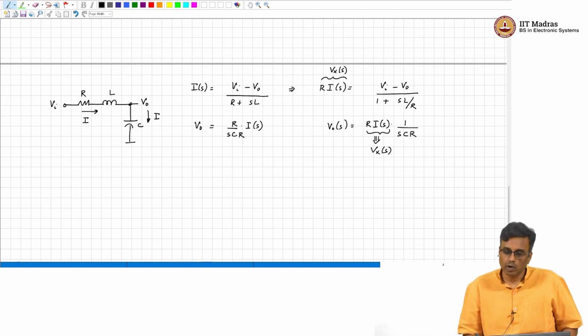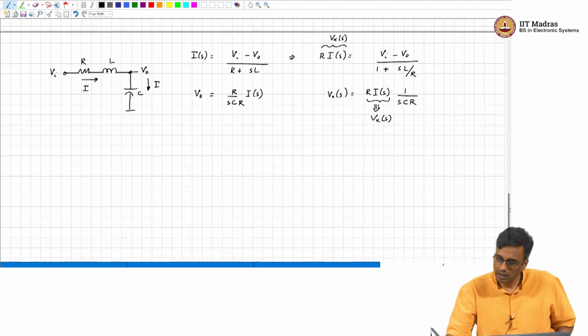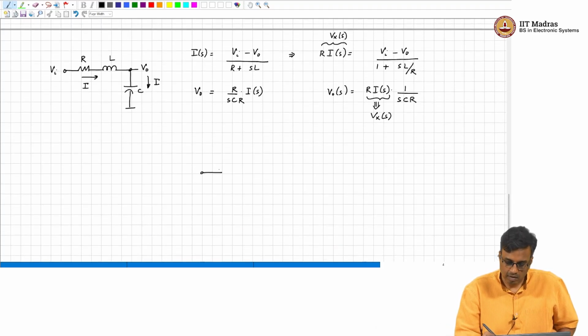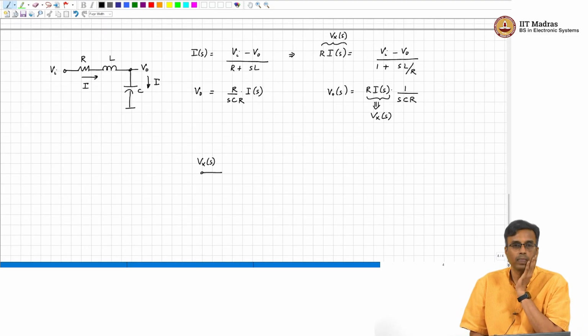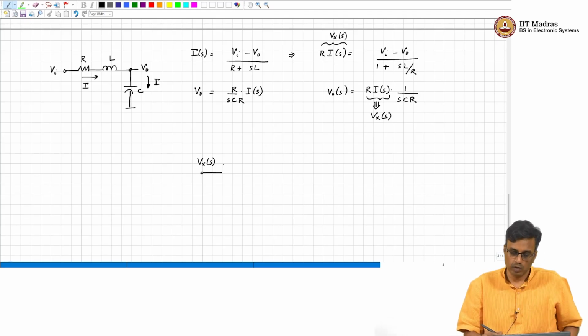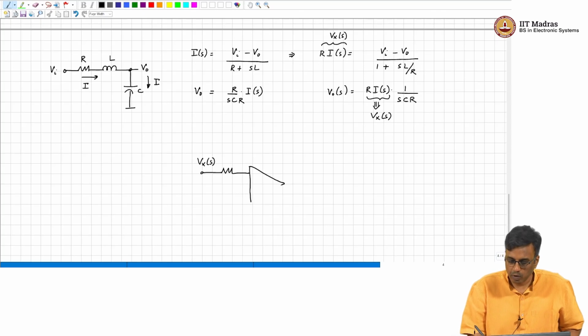all right, what do we do? Well, let us assume Vx of s is here. To generate Vo, what will we do? You integrate it. So, we already know how to make a voltage in, voltage output integrator.